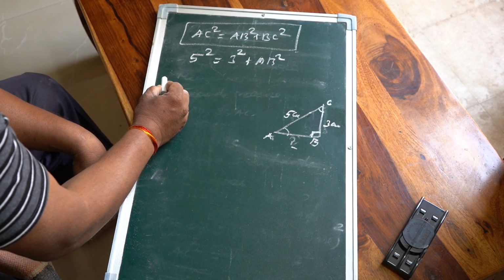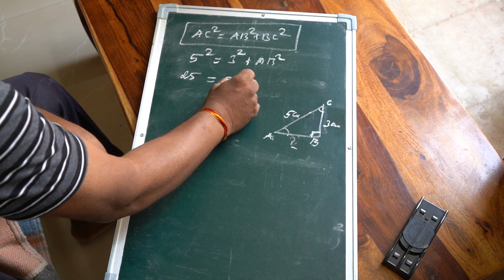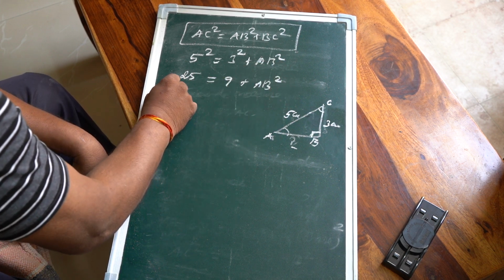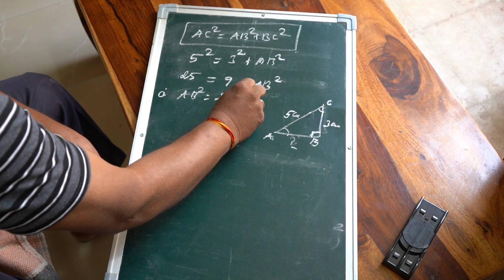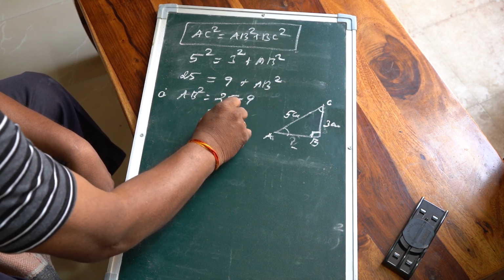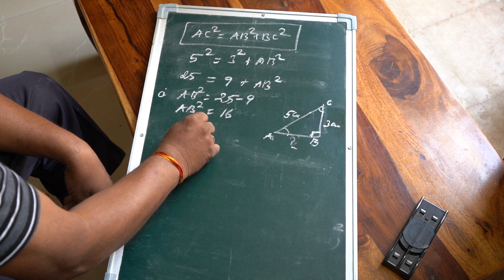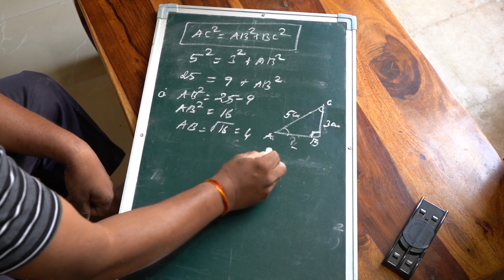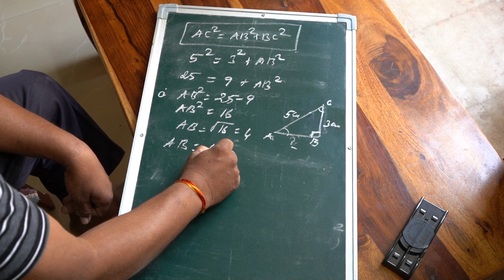So 5 square is 25, which equals 9 plus AB square. AB square equals 25 minus 9, which is 16. AB equals square root of 16, which is 4.